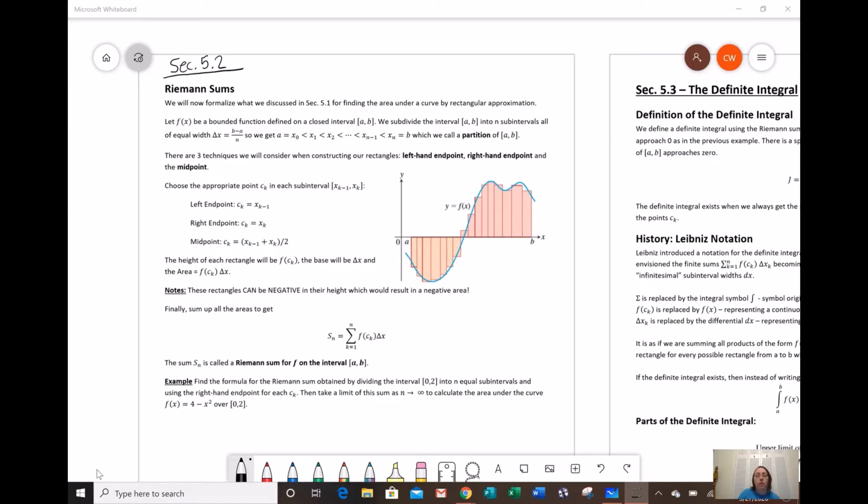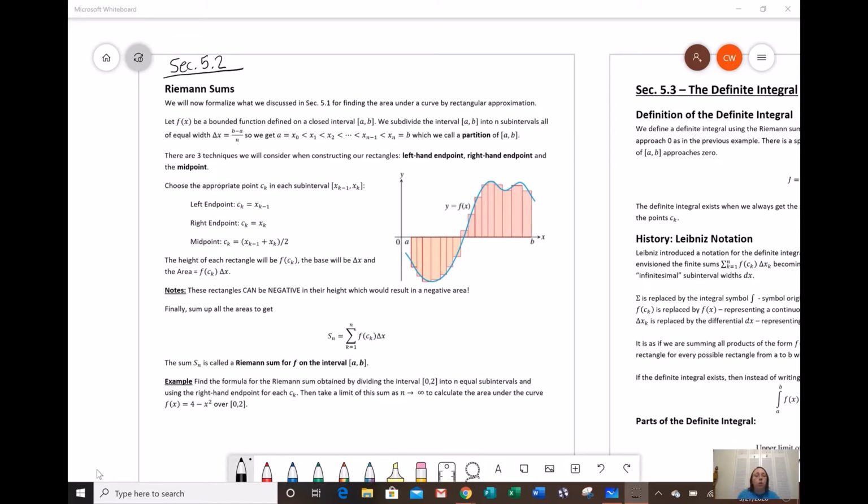The more rectangles you have, the less extra area and the less missing area you have, because the rectangles become so thin that they fit almost perfectly in the curve. And the thinner you make them, the more perfect they become. So if you can let those go to pretty much no width at all, meaning you have infinitely many rectangles, then you end up with a beautiful picture where the rectangles basically perfectly cover up the area under the curve.